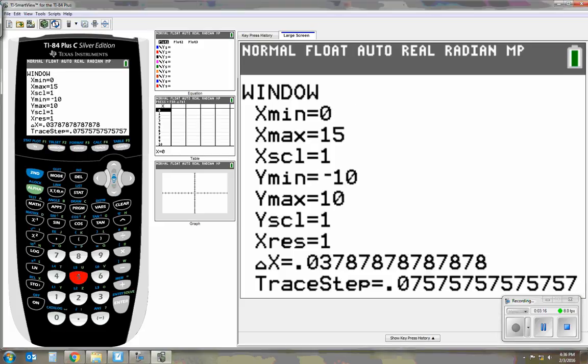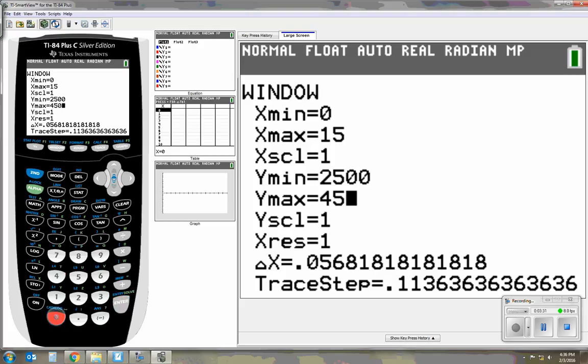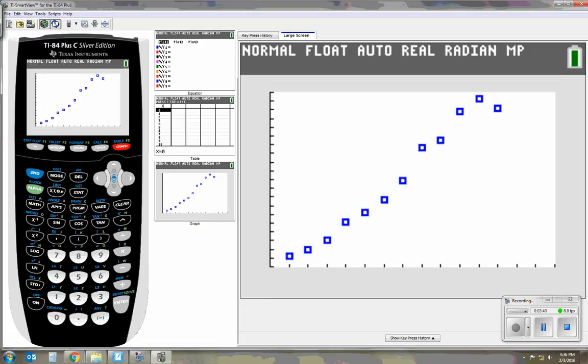That should be a good range for x values, and I'm going to go by a scale of 1. But our y values start really high in the thousands. So I'm going to go a little bit below, which is about 2,500, and a little bit above, which is 4,500. And then for the scale, I'm going to do about 100 to get a really good feel of this. So then I'm going to graph it. So make sure your window is correct.